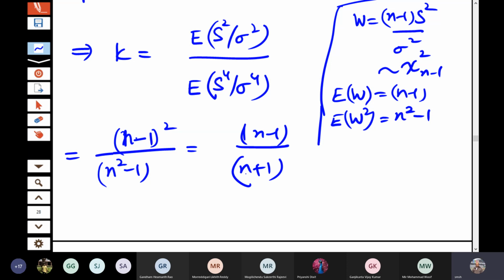Just check the steps here. Is it okay? Yes, I think that's what we will get here. You just adjust these terms; n minus 1 will adjust on both the sides. So I will get (n minus 1) square in the numerator, and in the denominator it will become n square minus 1. That is n minus 1 by n plus 1.